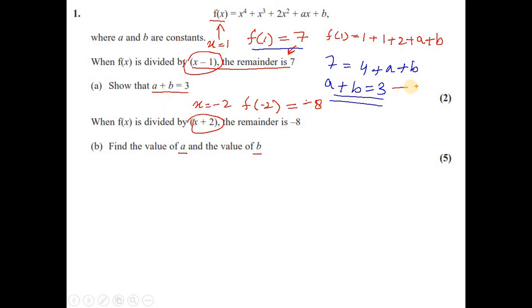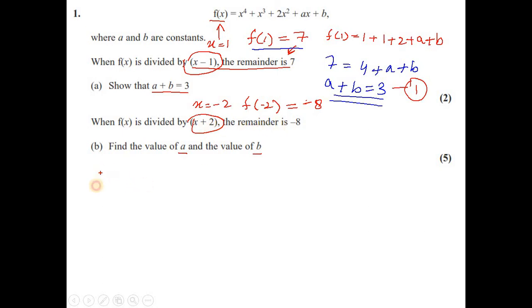This is equation number 1. So we need to formulate another equation so we can solve them simultaneously. For the second equation, they have given us the second condition. So we can use the same idea as in part A.